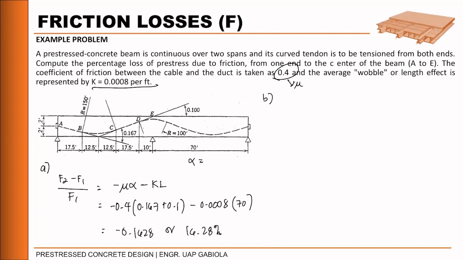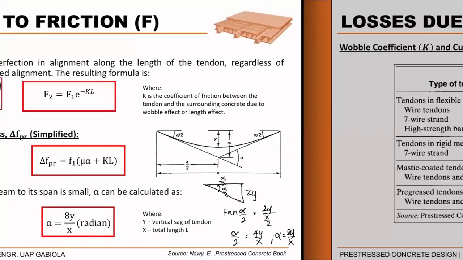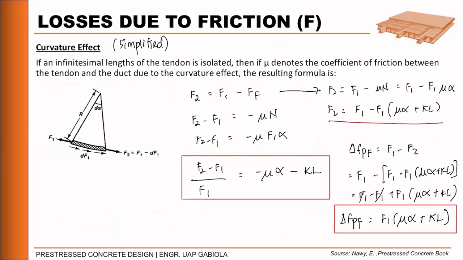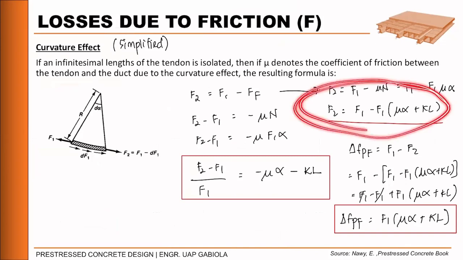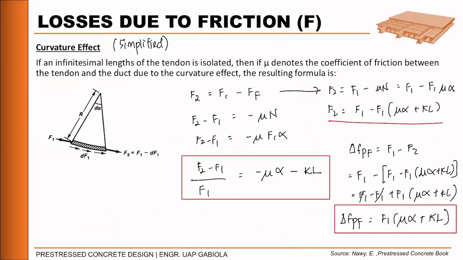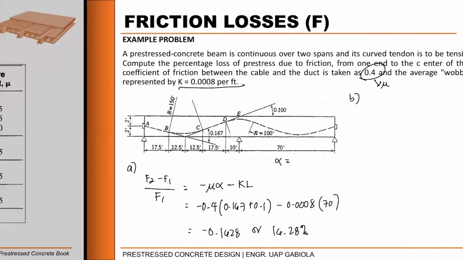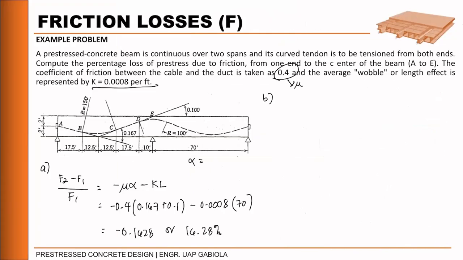Next, we can use yung simplified approach natin na ang formula is, saan yung formula natin? Ito yung formula ang gagamitin natin, no? Yung value ng F2. Okay, ito. Okay? So by segment yung analysis niyan, ibig sabihin. So using simplified formula.